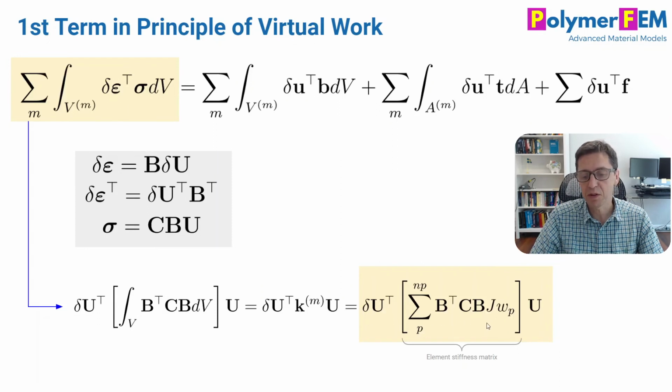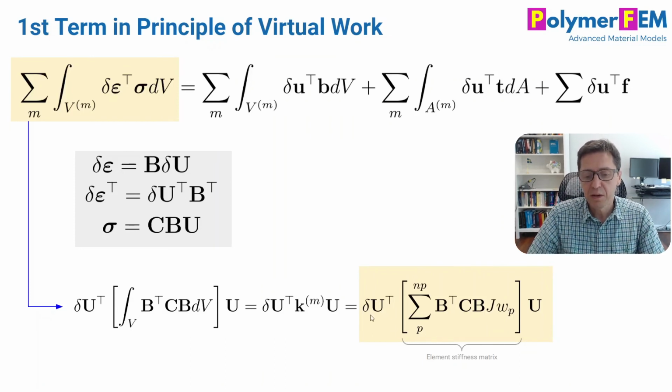And that becomes this equation here. So we sum over all the Gauss points, and B is a matrix that depends on the location of the Gauss point and the nodal locations. So we can calculate all of these quantities, and we can assemble this matrix for each element in our problem that we want to solve.